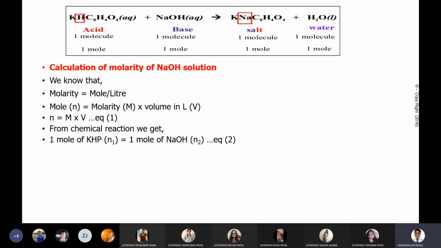If you compare these two equations, equation 1 and equation 2, can you simplify them? By combining the two equations, do we get any other relation?